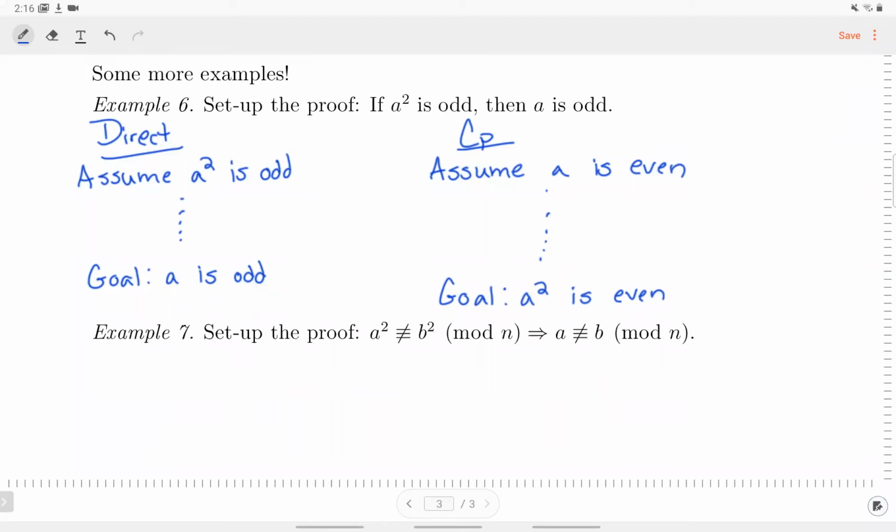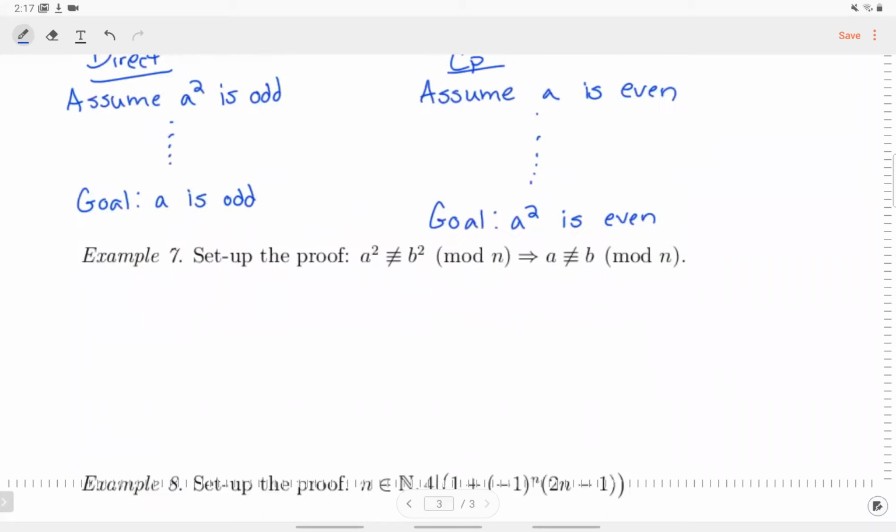Not only is it divisible by 2, it's actually divisible by 4. Interestingly enough, if you have an odd, this may be one of your homework problems or it's a book example, when you square it, it's actually going to end up being 1 mod 4. So when you square a number, you'll never get 3 mod 4 or 2 mod 4. It'll only be 1 or 0. So that's kind of cool. Anyway, random fact. Okay, let's keep going.